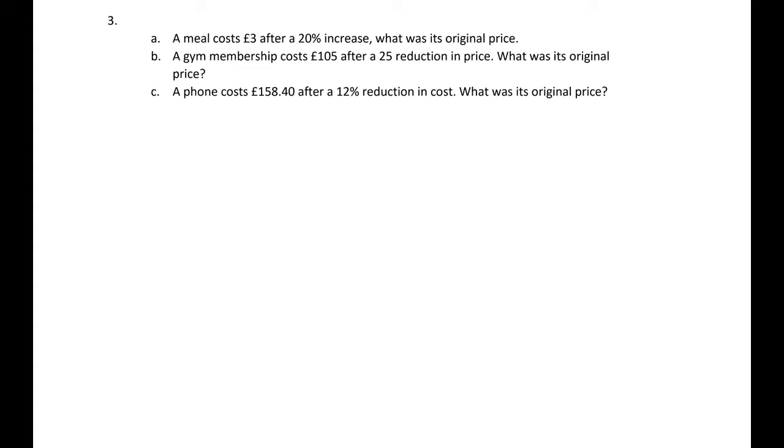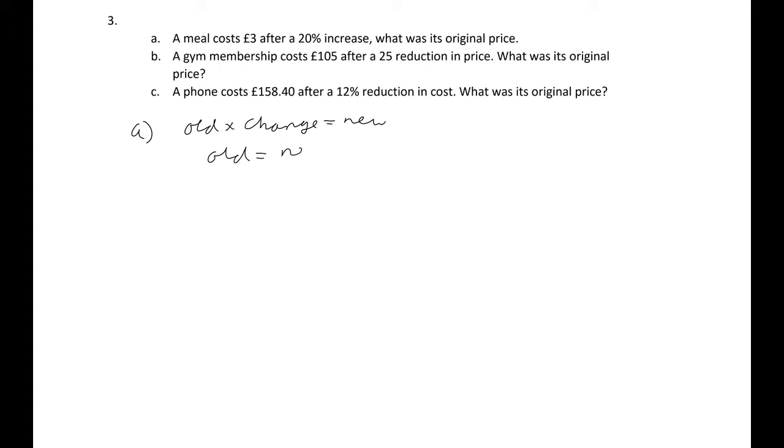Question 3. A meal cost £3 after a 20% increase. So, again, as always, old times change equals new. We know our change, 20% increase, and we know our new, this is afterwards, so we're looking for old.